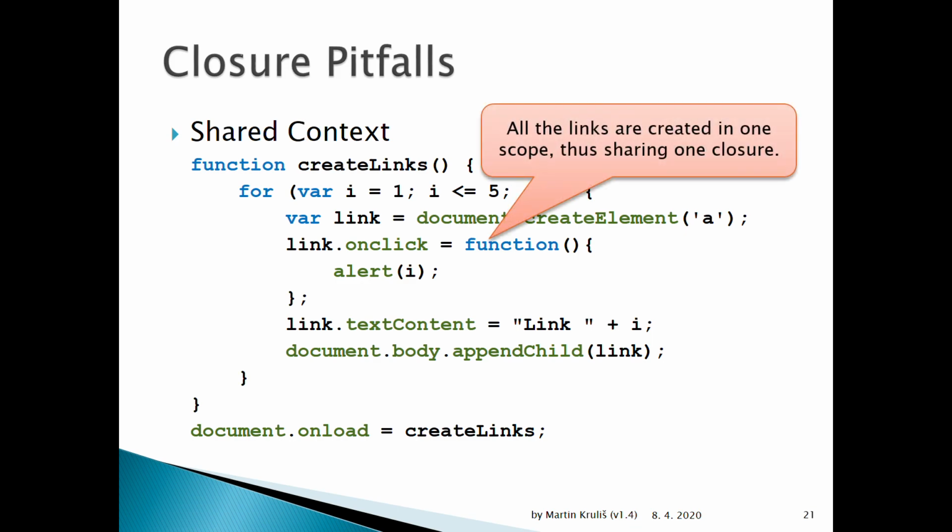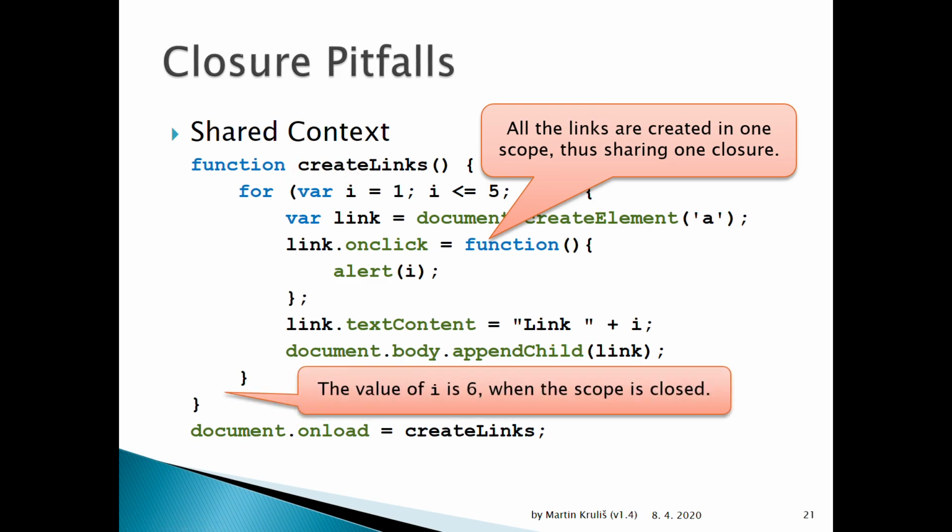However, all these links are created in the same scope, in the same execution context, meaning that they share this variable i, meaning that i will always be the value which is present when the scope is closed, when the scope was actually completed. So the onClick function will always print 6 because 6 is the value with which i ends after going through this particular loop.